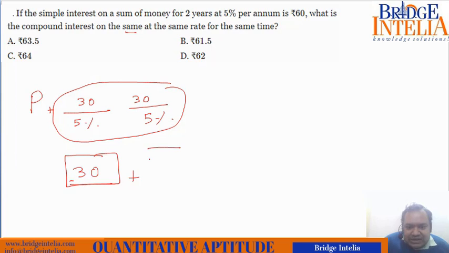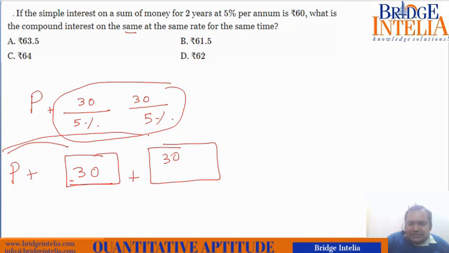The next year you are definitely going to earn rupees 30 because your original deposit is giving you that much, plus interest on the previous year's interest. Rate of interest is 5%.